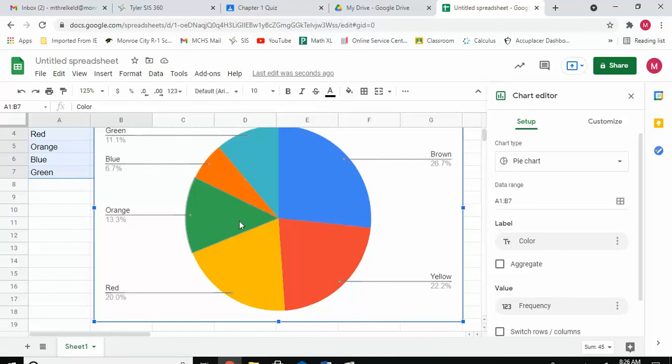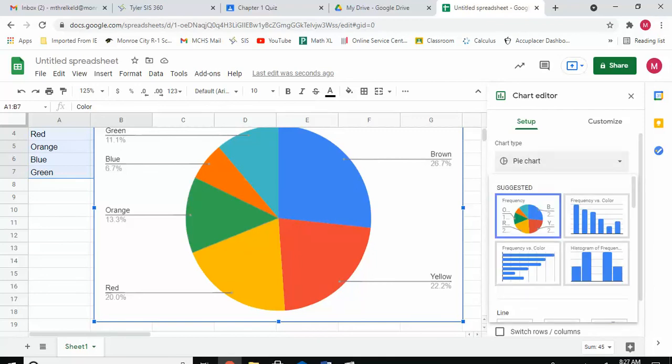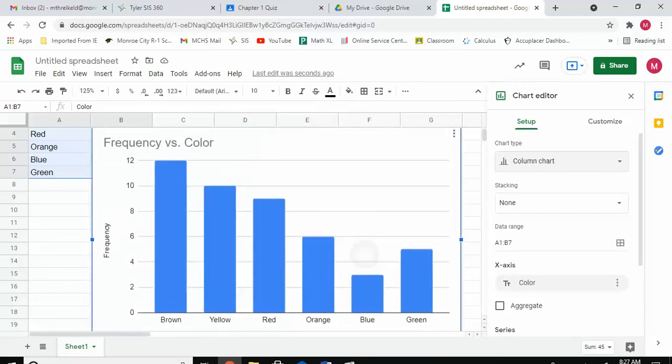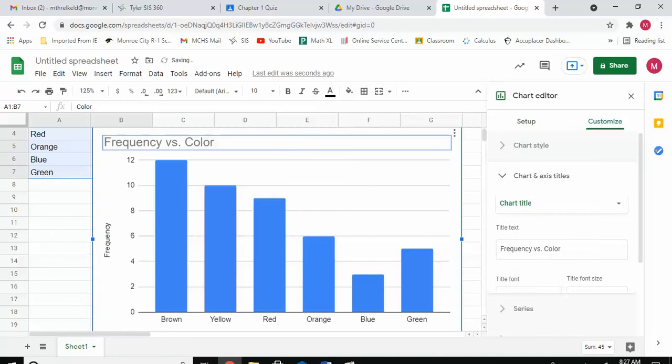Now, we didn't want a pie chart, so if you go over here to chart type, it has suggested options, and we just wanted this bar graph. So you can click that. You can change any labels that you wanted. So maybe I don't like this title.